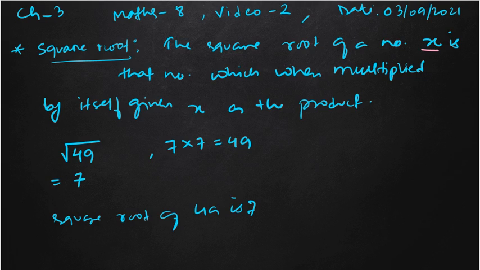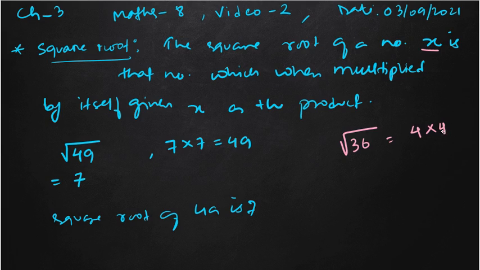First, what is the definition of a square root? The square root of a number x is that number which when multiplied by itself gives x. That means the square root of, suppose, 36. Which number will be multiplied with itself? Suppose we take 4.